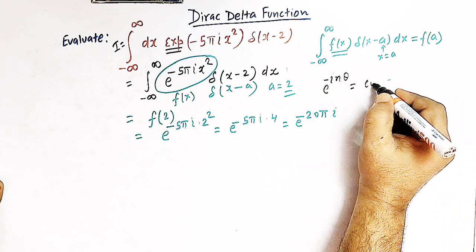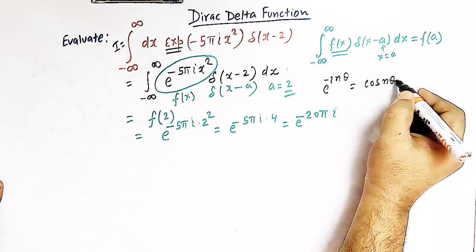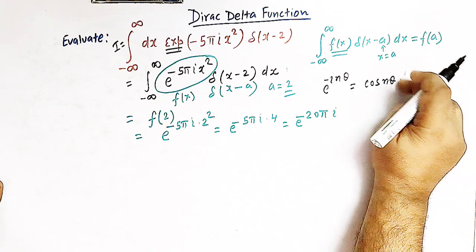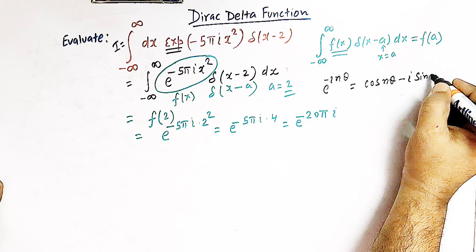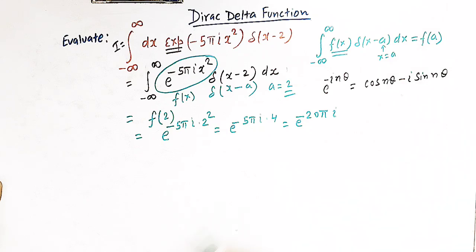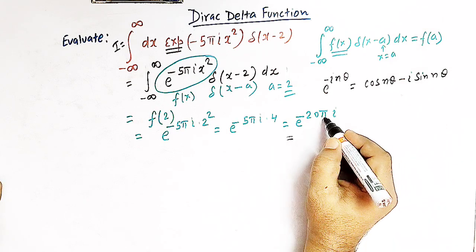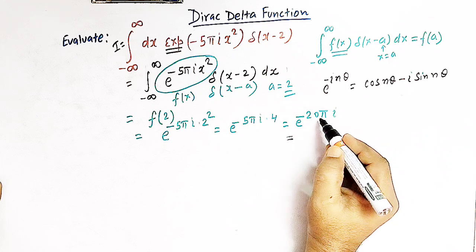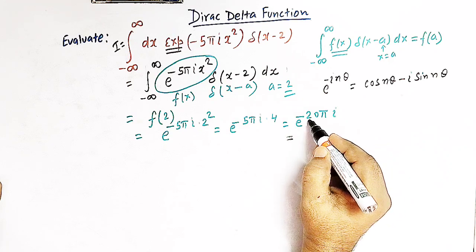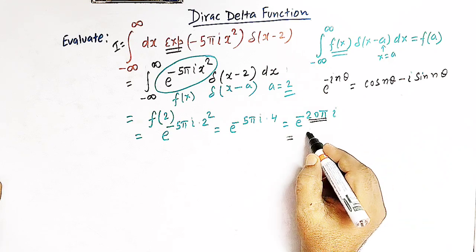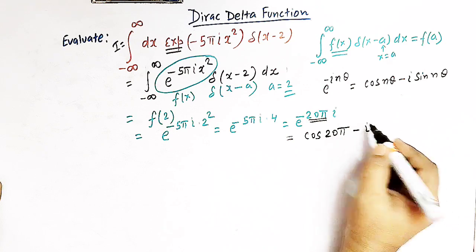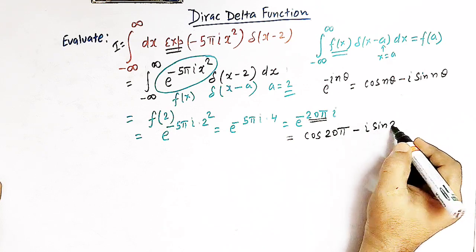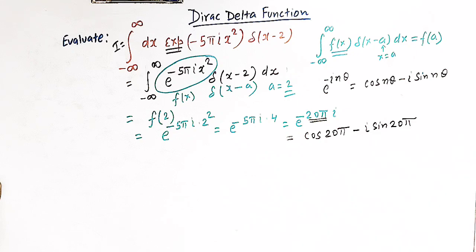So we have cos of n theta plus, here we have negative sign, so we have minus i sine n theta, right? So for n theta we can take 20 pi, right? So we have cos of 20 pi minus i sine 20 pi, right?